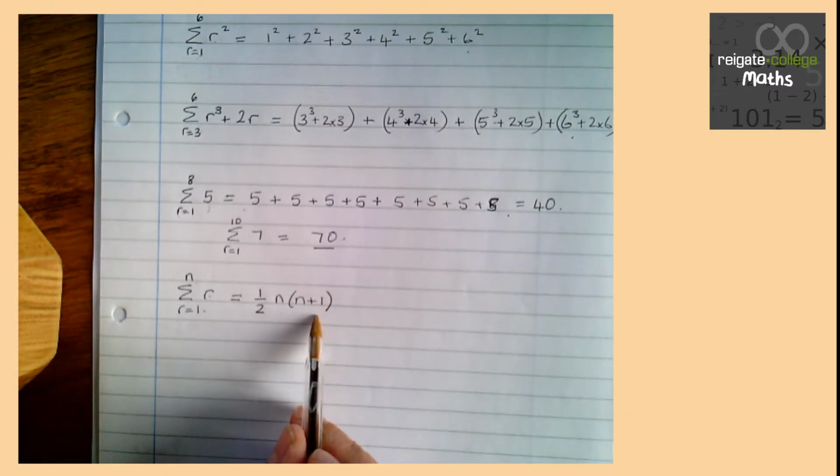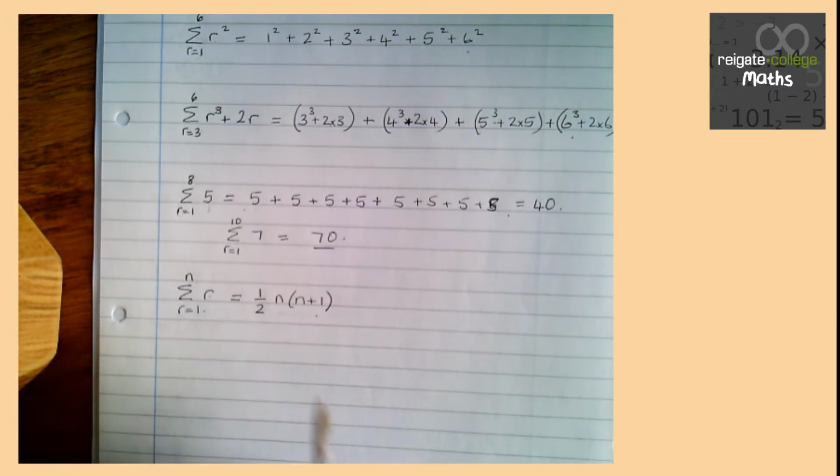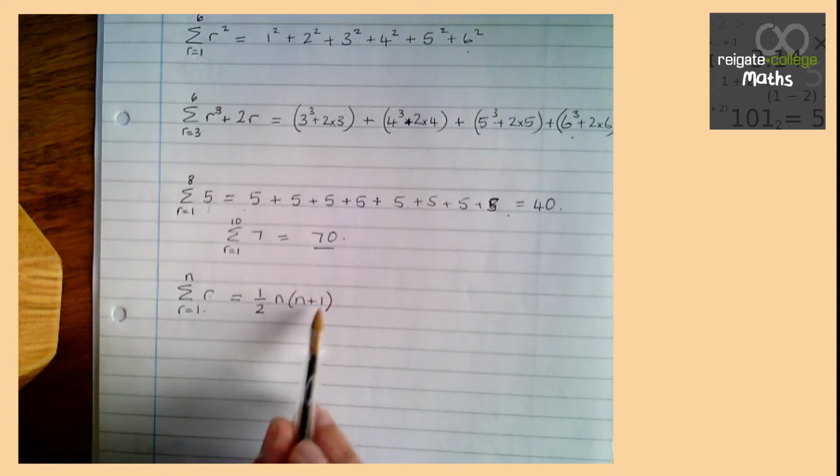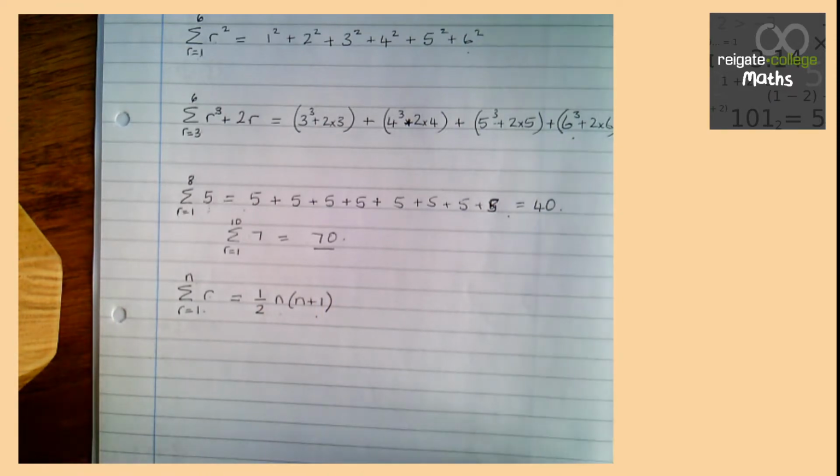There are various ways to solve this. If you've done any work on arithmetic series, you will be able to recognize this formula. But for the beginning of this set of work, we're just going to take that formula as something that's given to us. So let's have a look at some questions from the workbook.